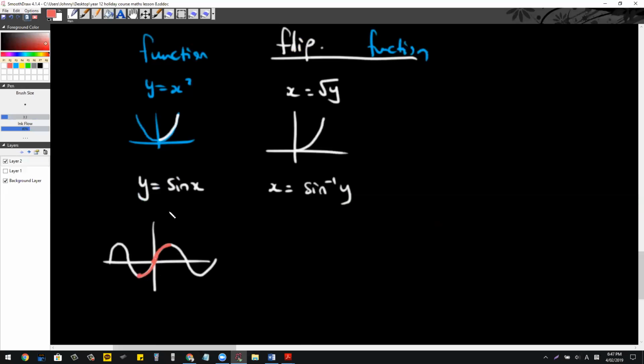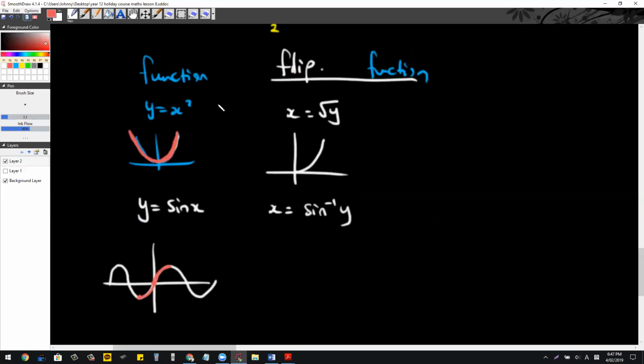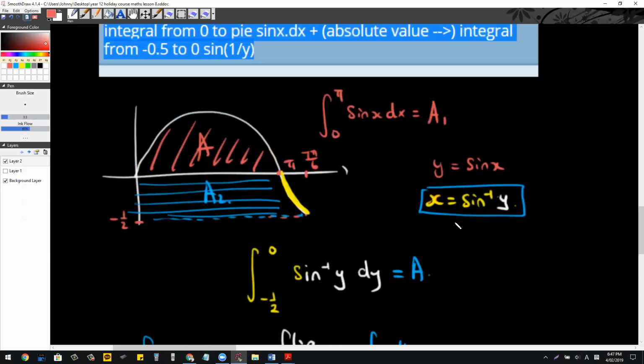Because when you want to flip it, we can only flip the bit that's a 1-to-1 function. This whole thing is not a 1-to-1 function. This is a bit of an advanced topic, I would say, but this is a really good try. So sine inverse of y is only going to be this section, up to there, right?